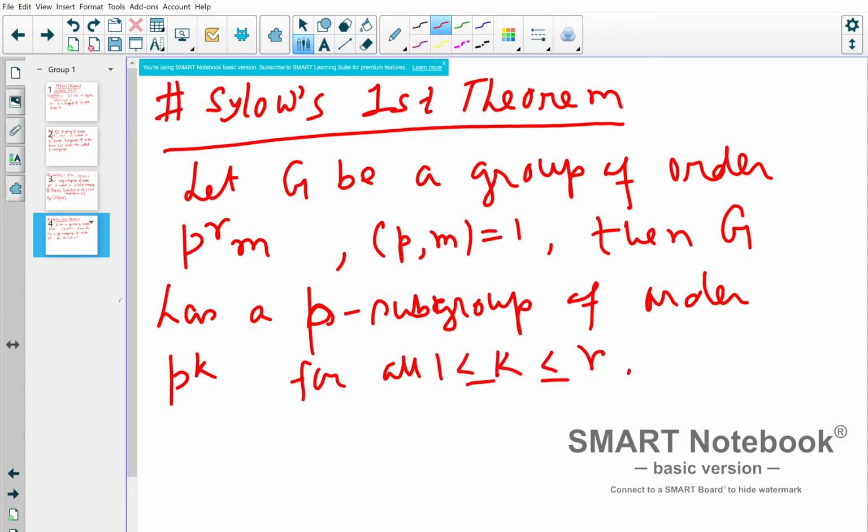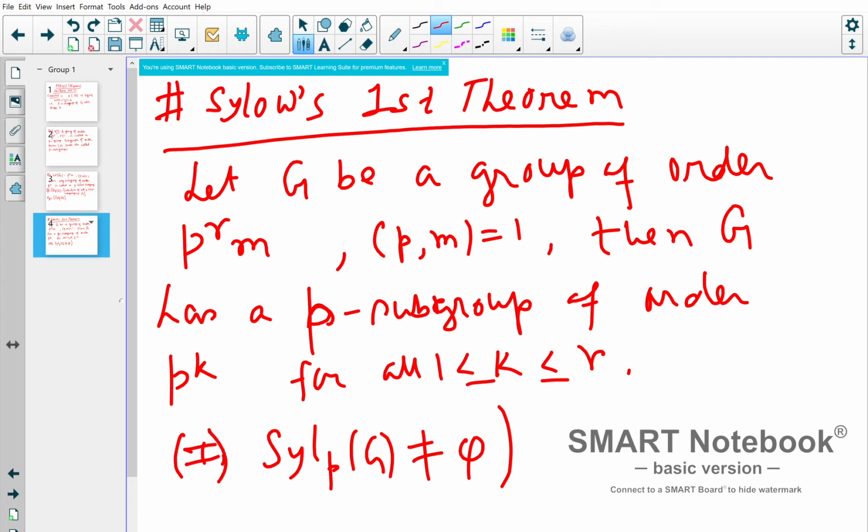What does that mean? That means G has subgroups of order p, order p square, order p power 3, and in particular G has a subgroup of order p power r. That means the collection of p Sylow subgroups of G is non-empty.